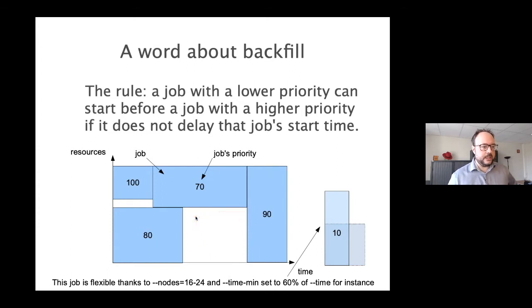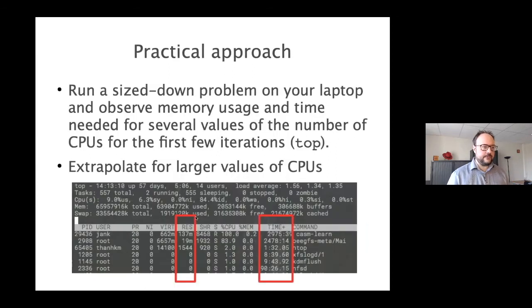So back to the actual question of how to decide how many CPUs, how much memory, how much time. One thing you can do is run a scaled-down program on your laptop, maybe the first few iterations of your program, and look at the top command in Linux. The top command will give you information about running programs and the amount of memory that they are using.